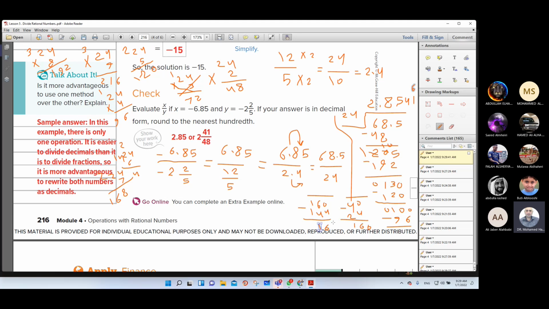So now you have a repeating operation. So the answer will be 2.8541666. As a decimal, you can write 2.8541, then 6 with a bar notation.